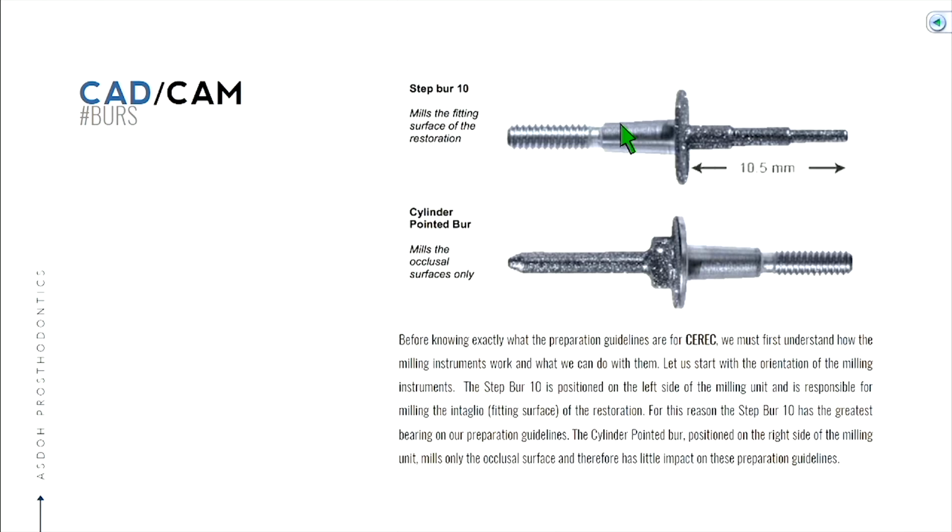The Step Bur 10 is for milling the internal surface of the restoration, the fitting surface, or you can think of that as the internal aspect. And then your cylindrical pointed bur mills the occlusal surface. You need a little bit of a finer point to get some of the more detail of the occlusal surface. Okay, so two different types of burs mill the different parts of it.